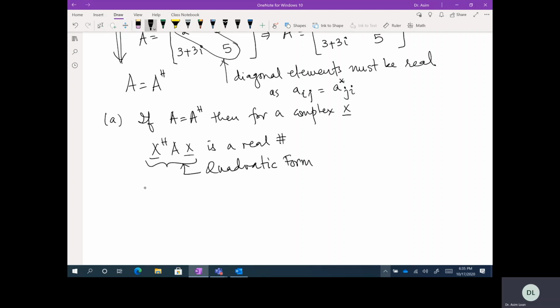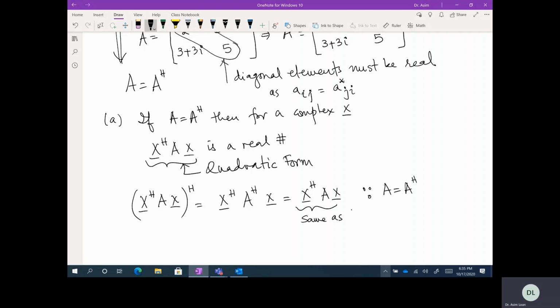If x^H A x is a real number, and I take the conjugate transpose of it, I should get the same number. Order reverses, so x^H A^H and x^HH would be x. This is equal to x^H A x, because A equals A^H, and this is exactly the same as the conjugate of the number.